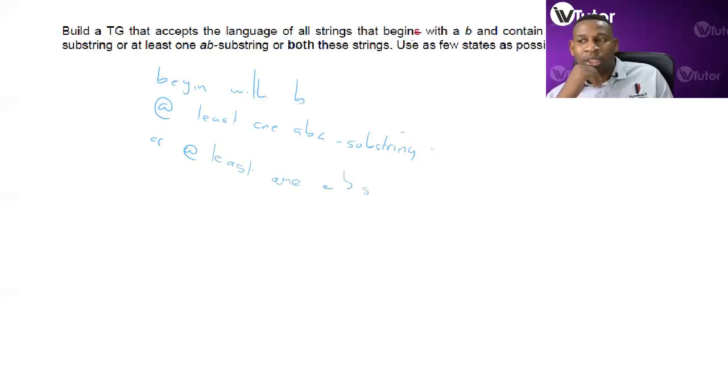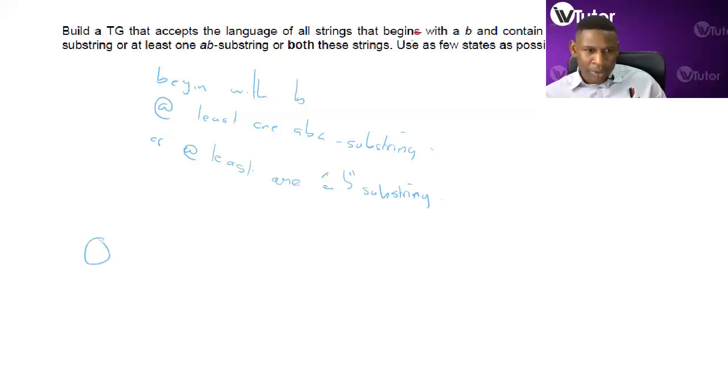Use as few states as possible. So begin with a B, and at least one ABA substring, or at least one AB substring.